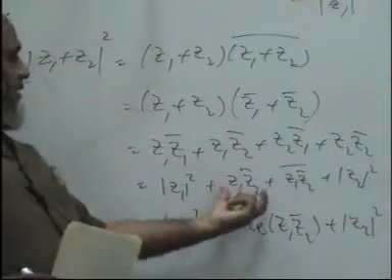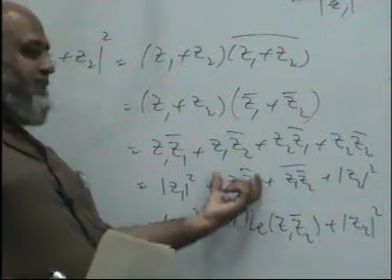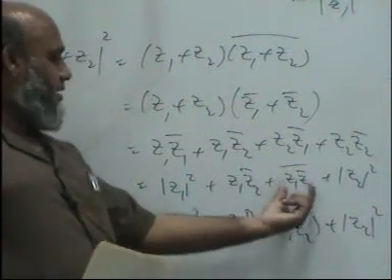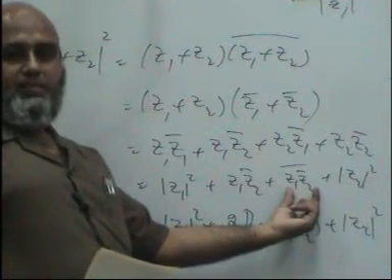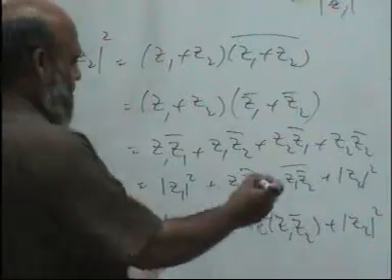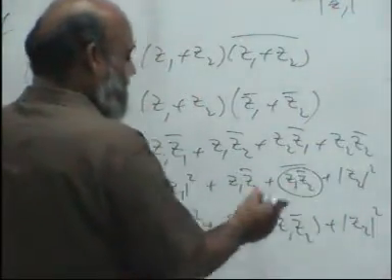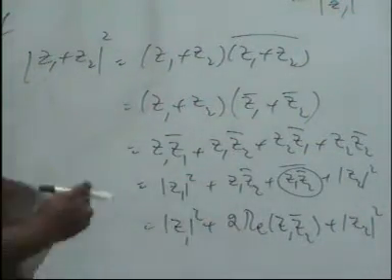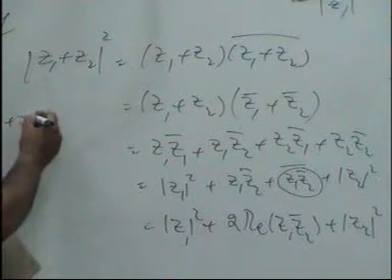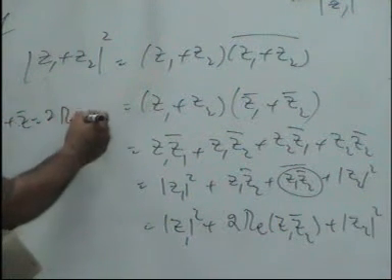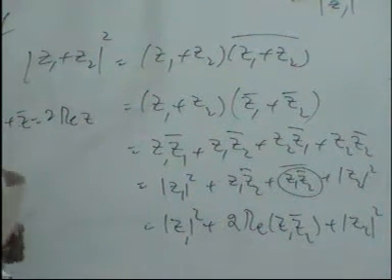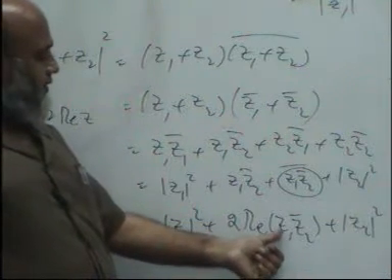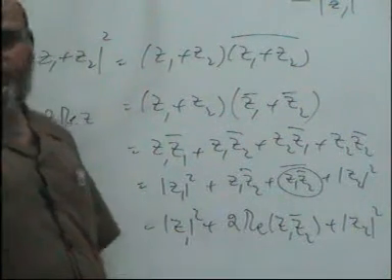If you consider this as one number, then its conjugate is this one. So z plus z conjugate gives twice real of z. So it is twice real of z1 z2 conjugate.